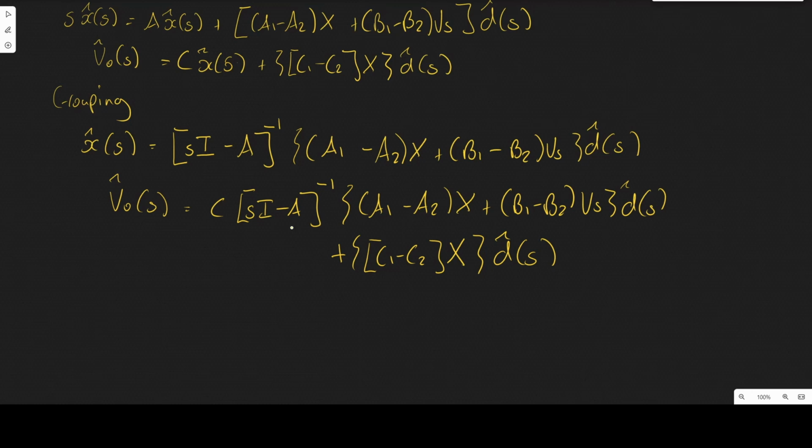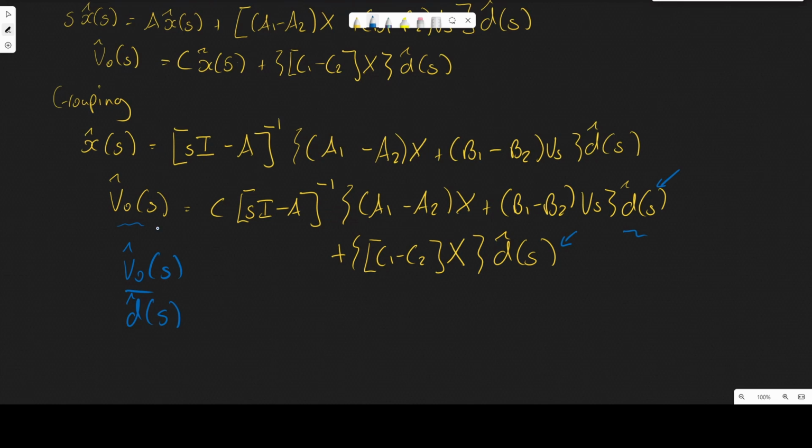So now what we can do is take the duty cycle on both sides of the equation and divide by d hat(s) to obtain v out hat over the duty cycle hat(s), and this will give us the small signal transfer function.